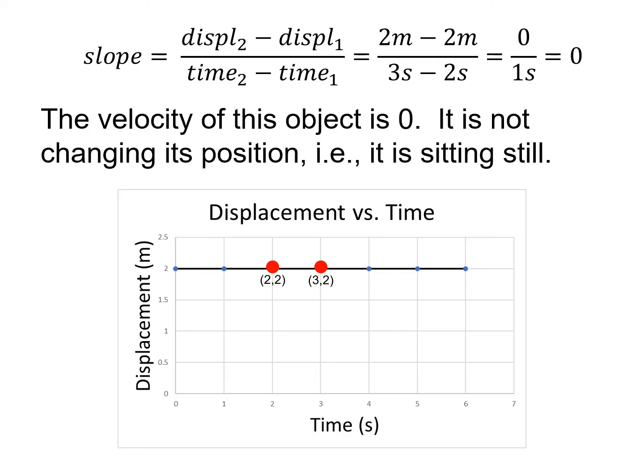So the numerator gives us a result of 0. So the denominator can be anything you want. The fact is that's going to give us a 0 slope. What it indicates is that the speed or velocity of this object is 0. It is not changing its position. It's sitting still with respect to our frame of reference.